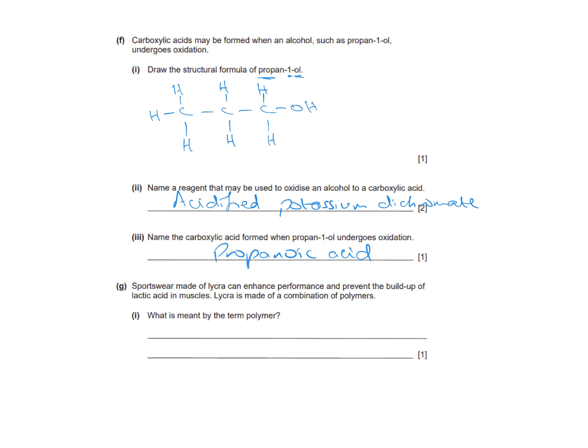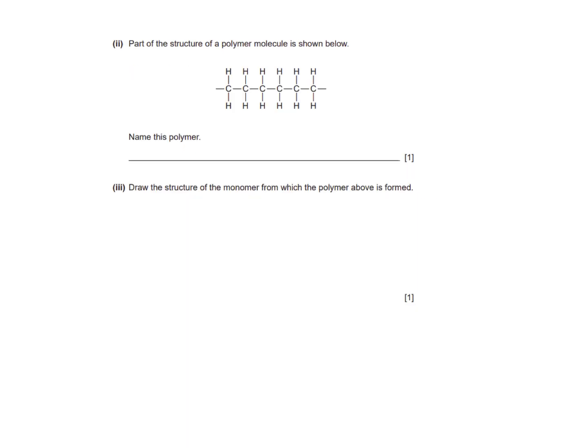And then what is meant by the term polymer? That's a long chain molecule made from small molecules. Part 2, name this polymer. Well, polymers always have that structure. It's always based on 2 carbons. Now, all of the other atoms are hydrogens, which you can see here. So that means that this is named after ethene.